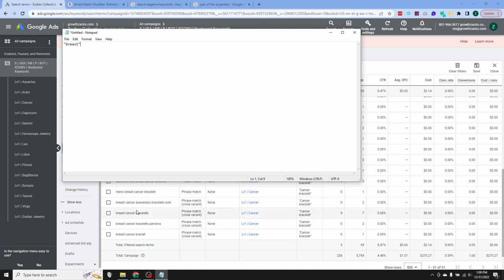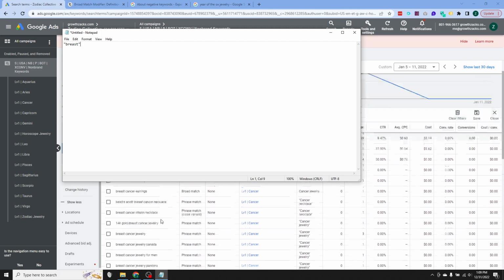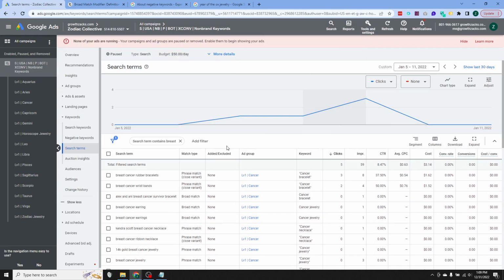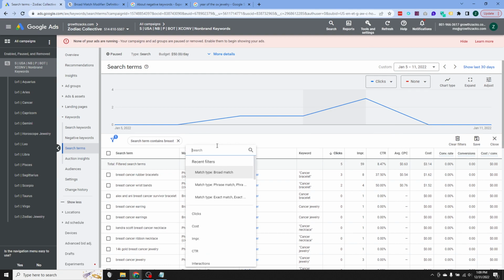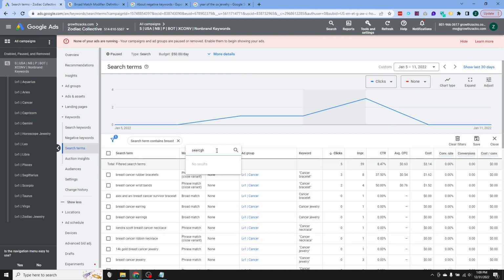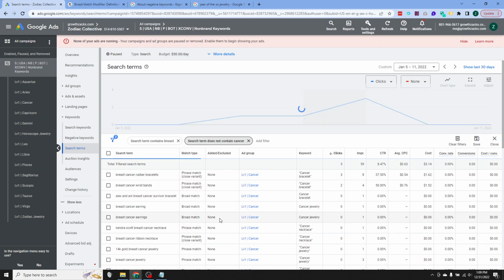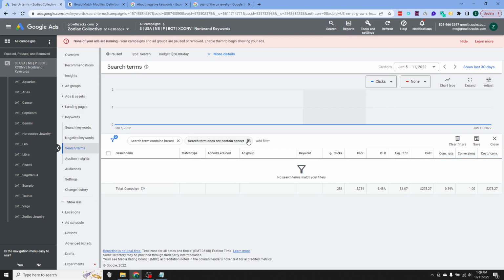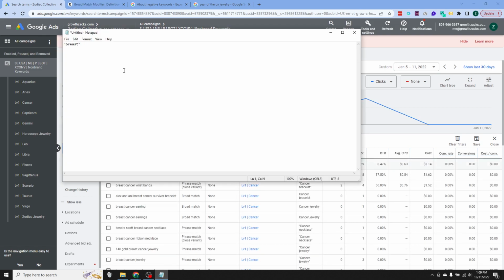I can't think of anything jewelry related that we would want to have the word breast in any way. So you can add multiple filters in here too. Anything that contains the word breast without cancer is probably going to be nothing. So I would just exclude the word breast, but I would also do breast cancer, and that ensures that we're not going to show for any of these anymore.